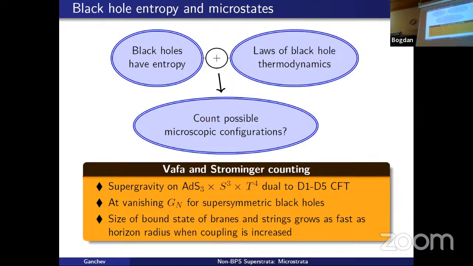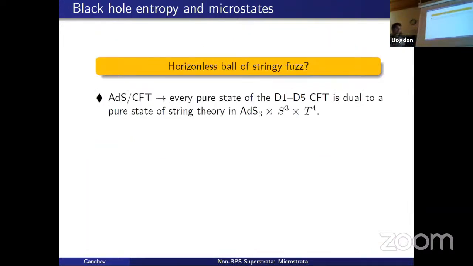Excitingly, it has been shown that if you have bound states of branes, that is not necessarily true, and the size of the bound state increases as you increase the number of constituents and the string coupling. So this suggests an interesting possibility, which is that instead of forming a horizon, maybe you will get some horizonless stringy fuzz, which is interesting because it's a new possibility.